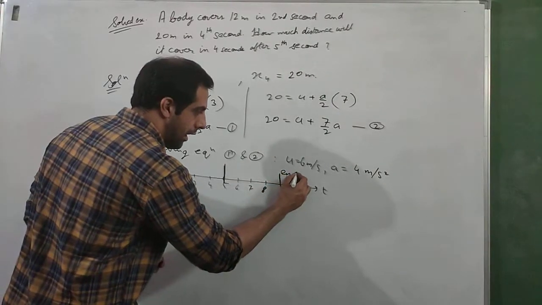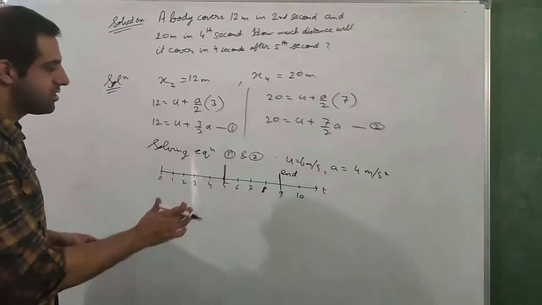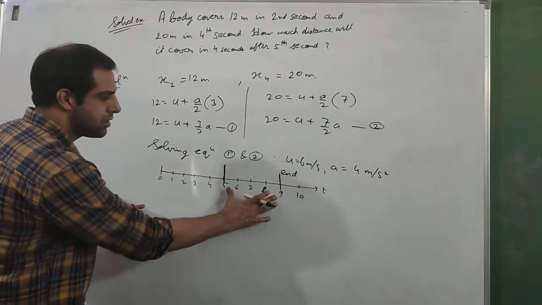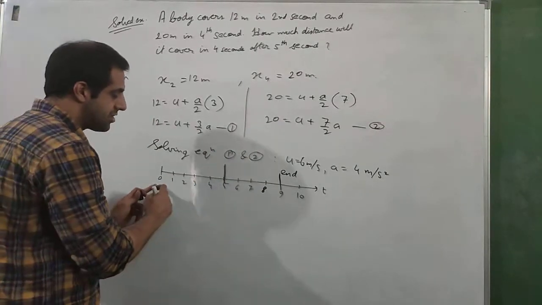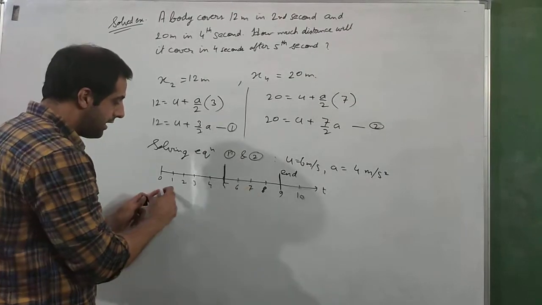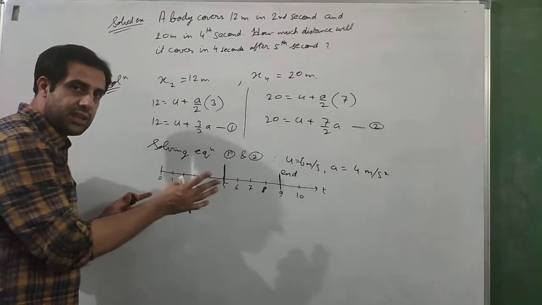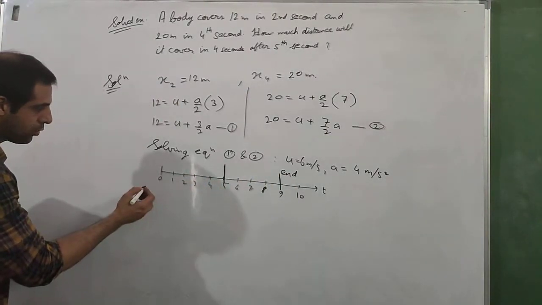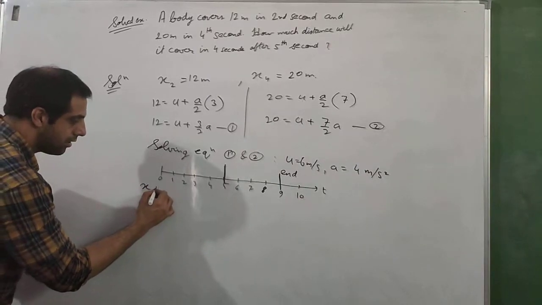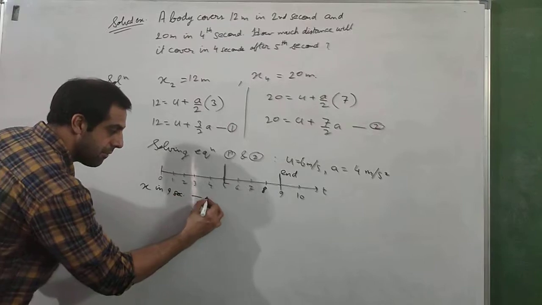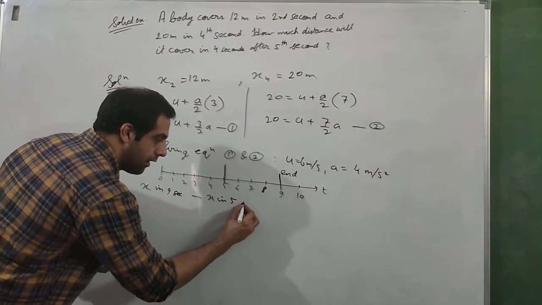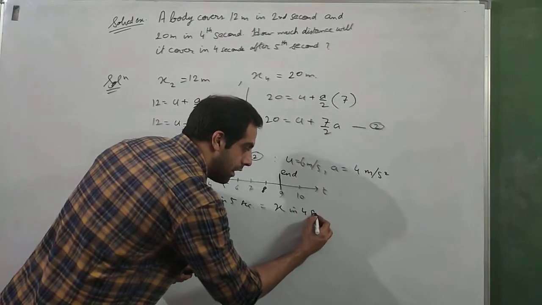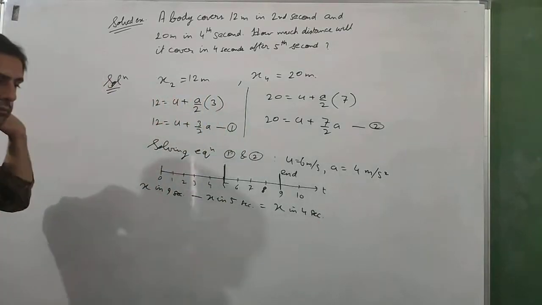This is the end of the journey, and you have to find the distance traveled in this duration, not the complete distance traveled, only this much duration. So if I calculate the distance traveled in 9 seconds and the distance traveled in 5 seconds and subtract them, I'll get the distance traveled in these 4 seconds. So what we are going to do is distance traveled in 9 seconds minus distance traveled in 5 seconds. This will give us the distance traveled in the last 4 seconds of the journey.